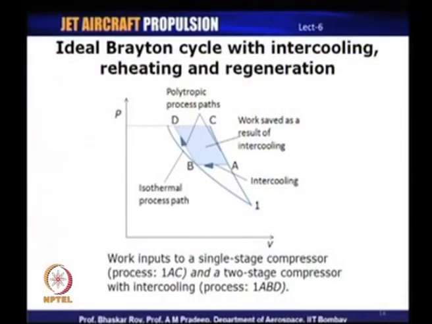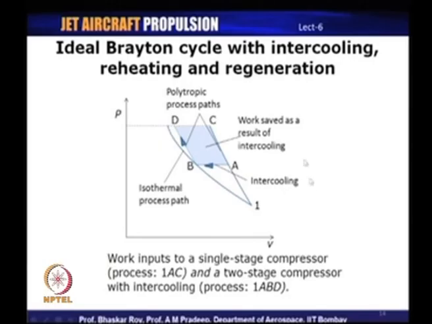Let us take a look at how intercooling works. Now, traditionally the process of compression takes place between states 1 and C. This is the normal compression that we are familiar with, and we would like the compression process to take this path shown here, which is an isothermal compression process, and which requires the least amount of work.